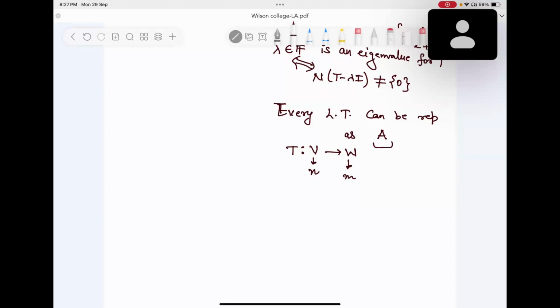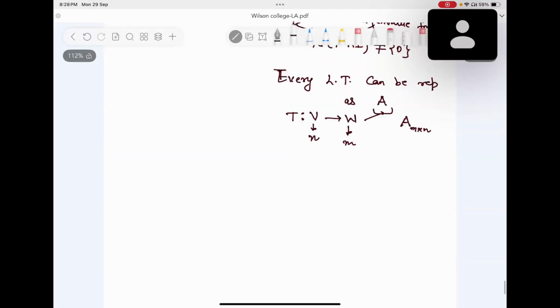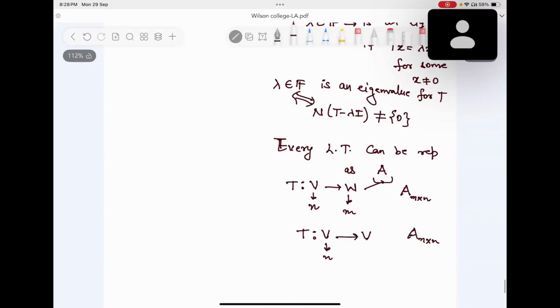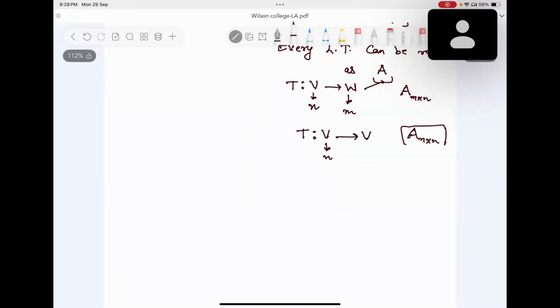Then the associated matrix will be of order m cross n. Now in this case, we have T from V to V, and suppose the dimension of V is n. So the associated matrix will be an n cross n matrix. That's why it is enough to study eigenvalues for a square matrix.